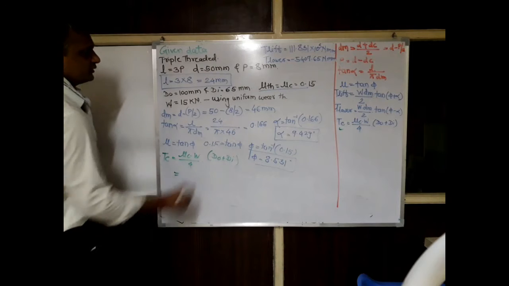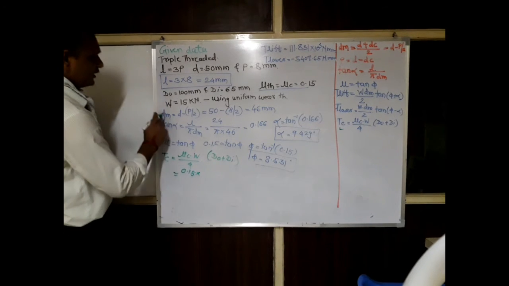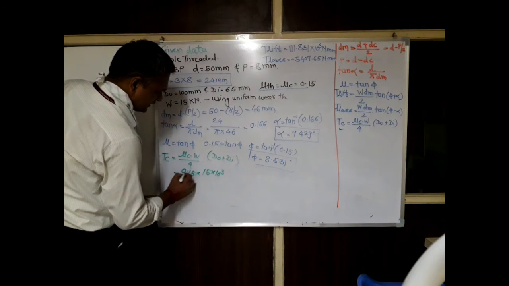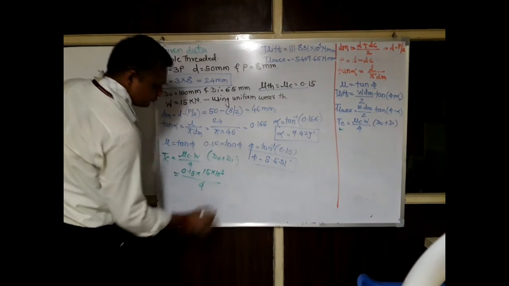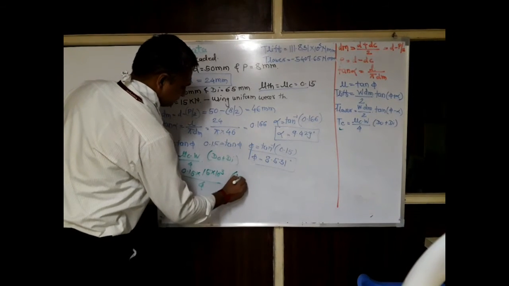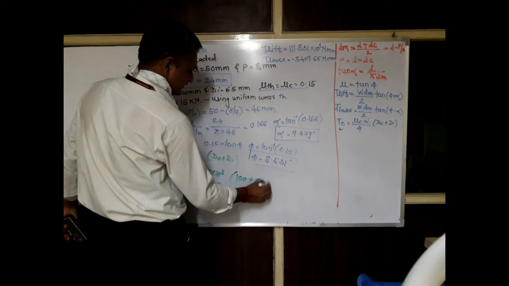Substitute the values. What is the value of collar friction? That is 0.15 into W, which is 15 kilonewton, 15 into 10 raised to 3, divided by 4 into d naught, which is 100, plus di, which is 65 mm.